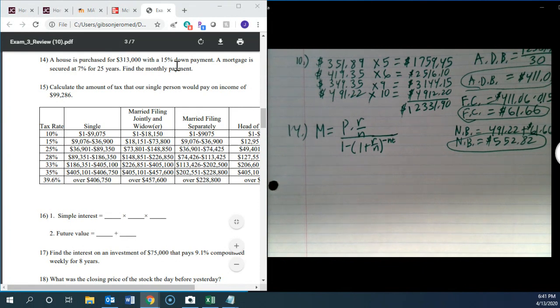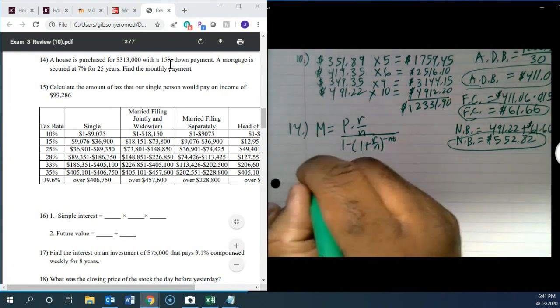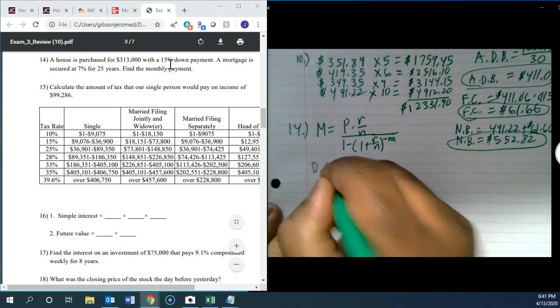So this is what you would do. If you paid the $313,000, that means that you would pay 100%. So since you're going to put 15% down, 100% minus 15% means that you're only going to borrow 85% of the value. So we would take this, I'll put this as DP for down payment.